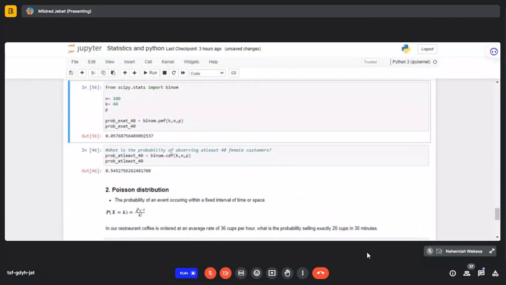Now here is where the cumulative density function comes in.